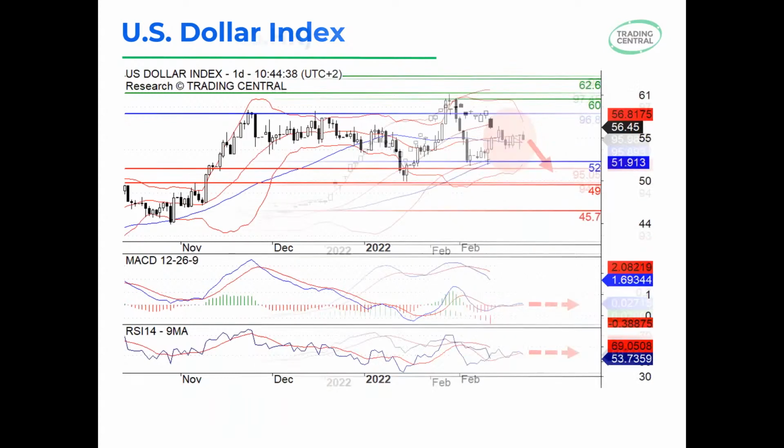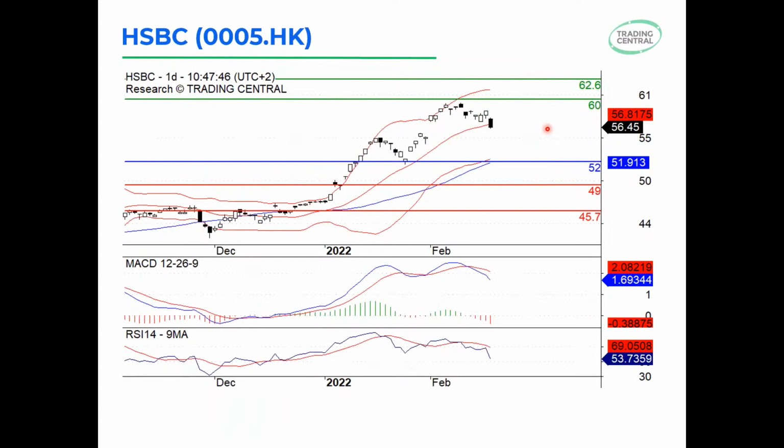Now, in the last part, I will look at some bank stocks, which you may also be interested in. HSBC has just reported its annual earnings today. The good news is its annual earnings have doubled compared to the prior year.